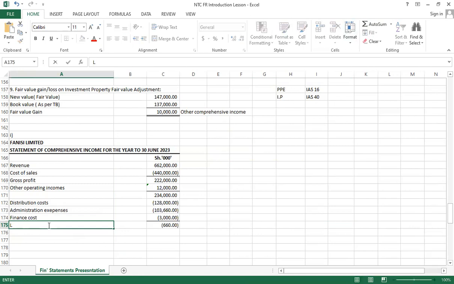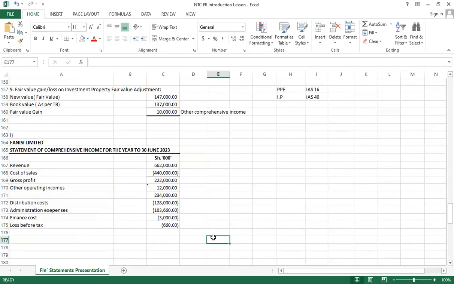So this will be a loss before tax. The company has made a loss before taxation, an accounting loss before taxation.